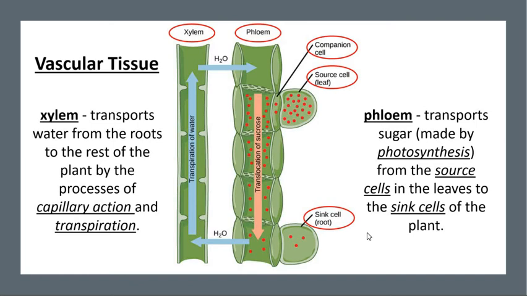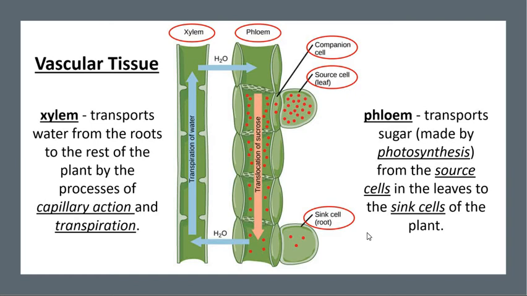So you're going to have the sugar come from those cells, go down to the sink cells. A sink, if you know electricity, is where it goes to. It's where there's less. Okay?